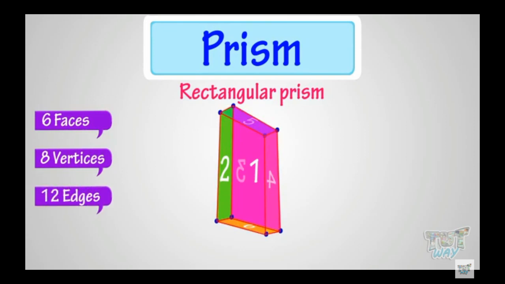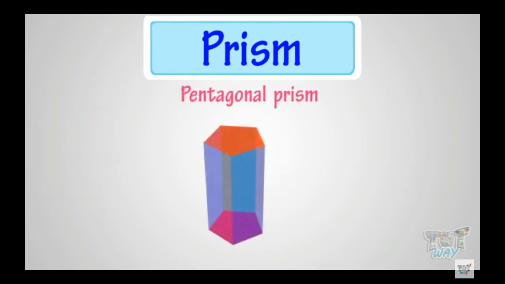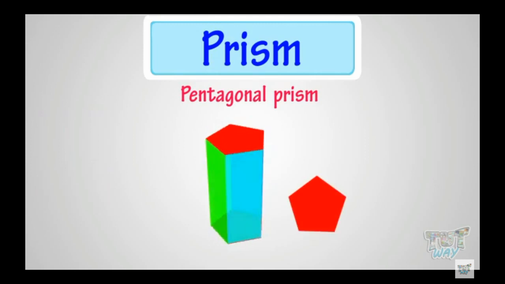Now, let's learn another type of prism. This is a pentagonal prism because its top and bottom faces are pentagons in shape, and all other faces are rectangular.